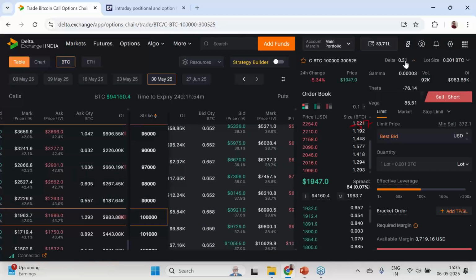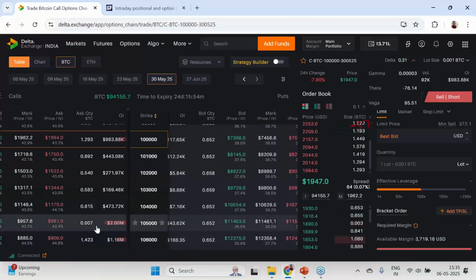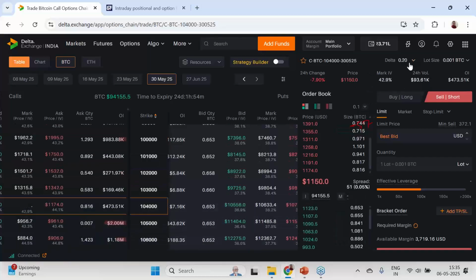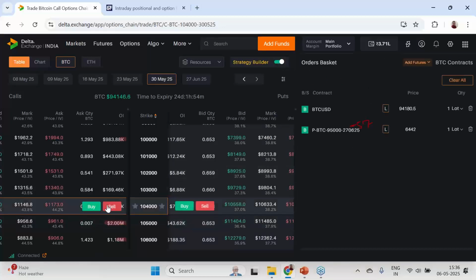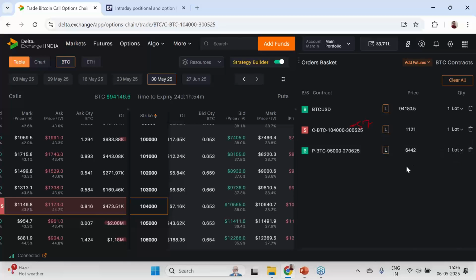If I go for 1,04,000, what will happen? 62. So 57 and 62 almost match. So here I will be selling a call option of 30th May expiry, which will give me a theta of a similar 62 points.